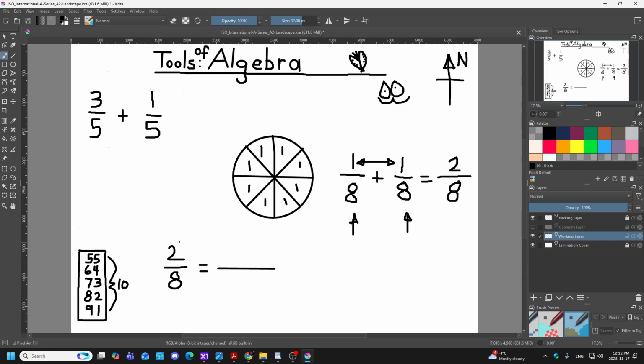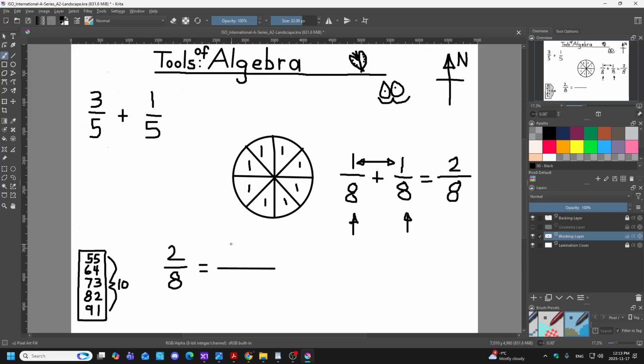We also know that 2 can be divided by 2, and 8 can be divided by 2. So all we're really doing is turning this number into 2 numbers. What times 2 equals 2? That's 1. What times 2 equals 8? That's 4.